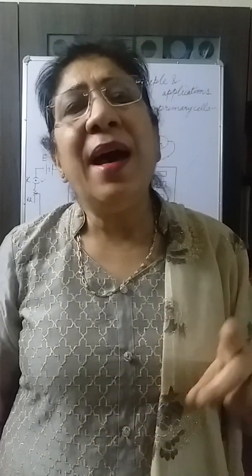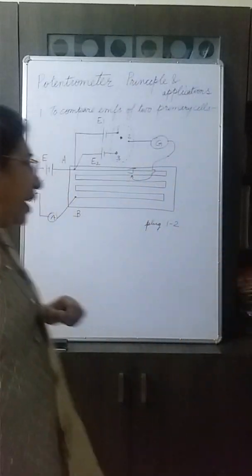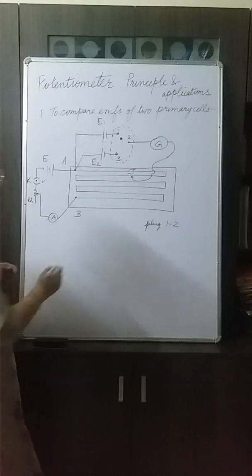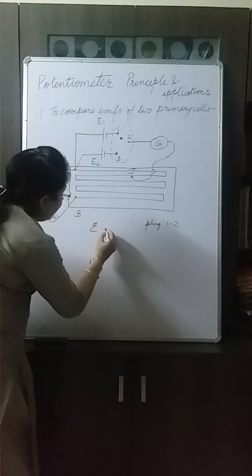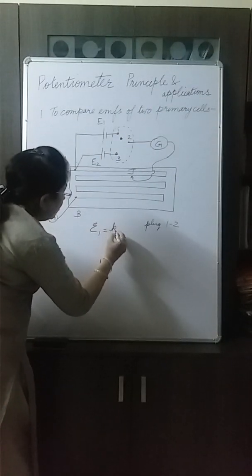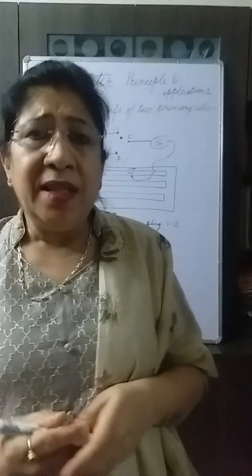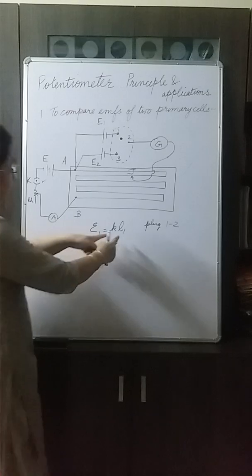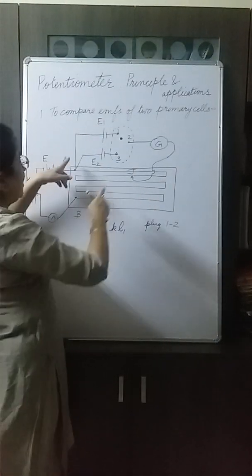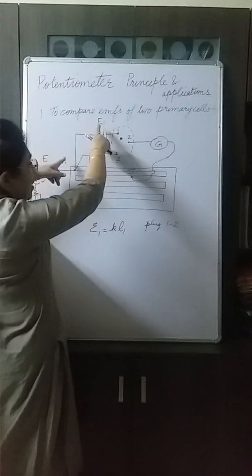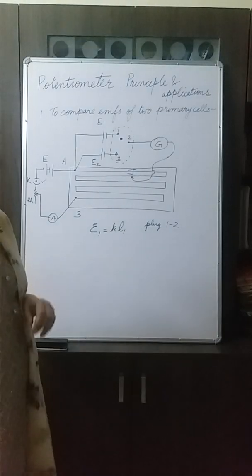That is the balance point. Let it be L1 here. If it is L1, then we can write E1 equals KL1, because the length L1 is being balanced by the potential E1 of the first cell.